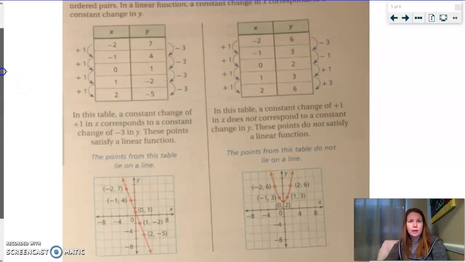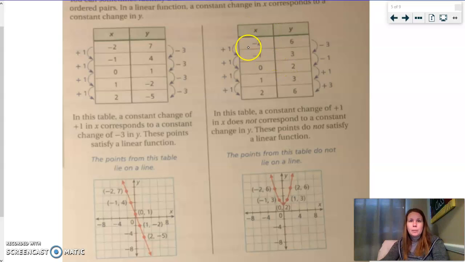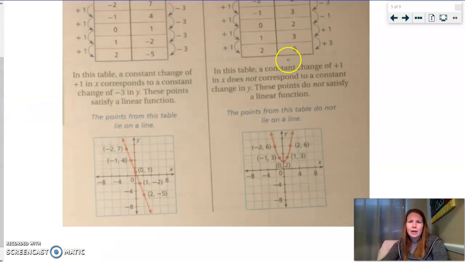On the other side here, in this table, my x's are still going up by 1, but if you notice on the y, it goes down by 3, then it goes down by 1, then it goes up by 1, and then up by 3. So it says that in this table, a constant rate of +1 in x does not correspond to a constant change in y.